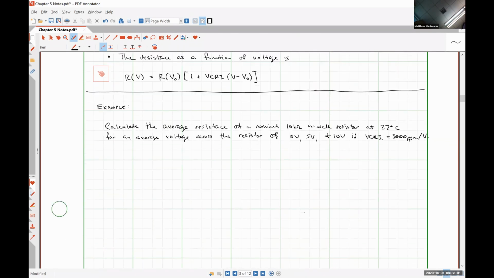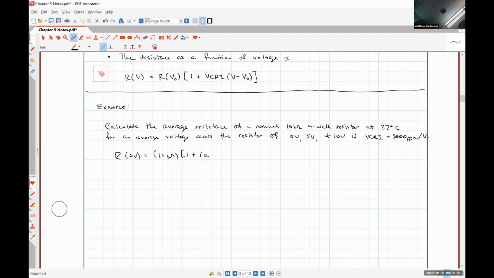All right, so with 0 volts average voltage applied across the resistor, meaning if one side was pinned to ground, the other side is also pinned to ground, it shouldn't be particularly crazy to find that we don't observe any voltage coefficient of resistance effects.